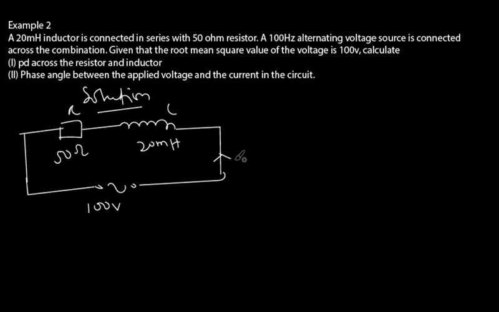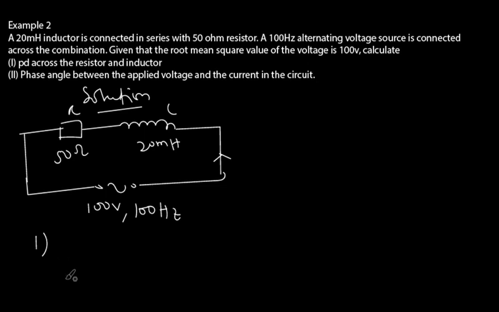That is 100 volts, yeah, exactly. And then we have our frequency, which is also 100 hertz. Okay, so this is what we have, and then let's quickly solve this.